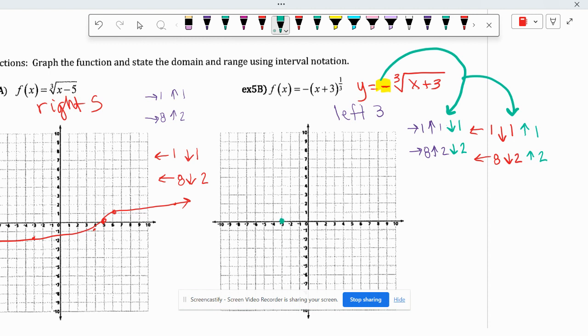And when I go to the right 1, I'm going to go down 1. And when I go to the right 8, I'm going to go down 2. And on the negative side, when I go to the left 1, I'm going to go up 1. And when I go to the left 8, I'm going to go up 2.